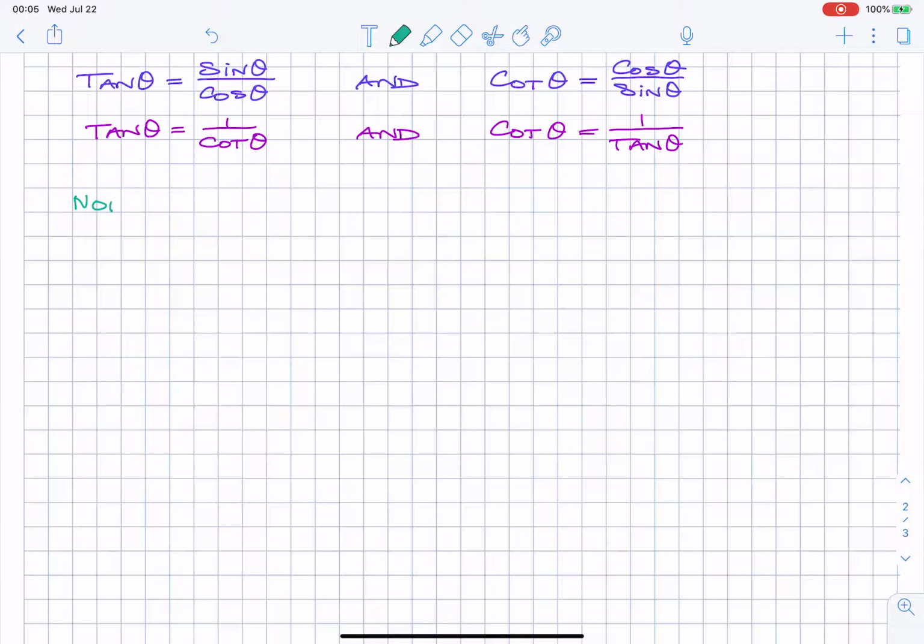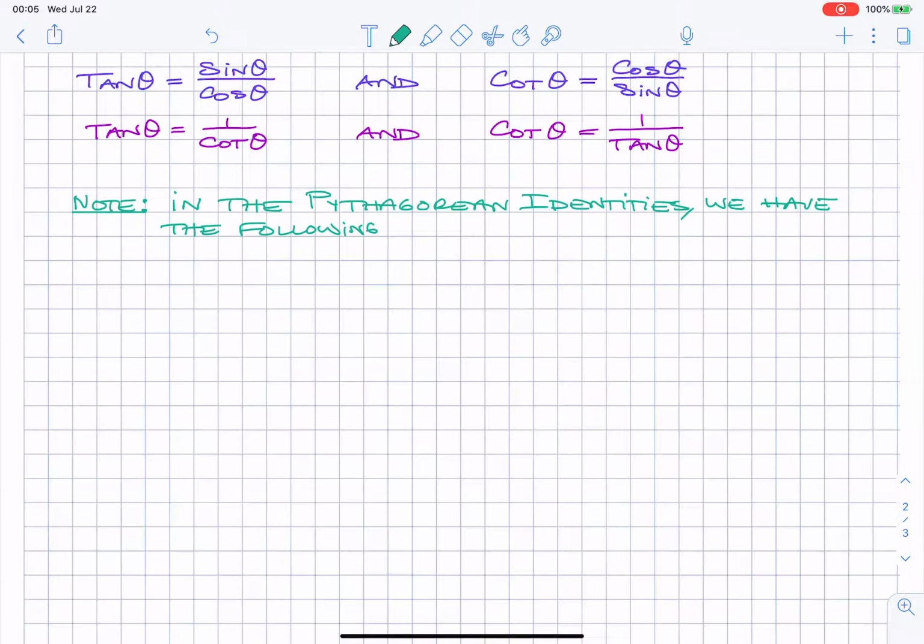So let's note, in the Pythagorean identities, we have the following groups or groupings of trigonometric functions.